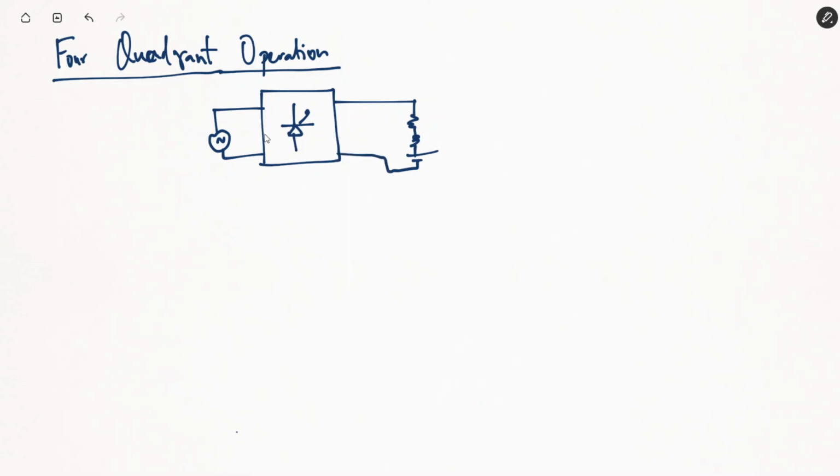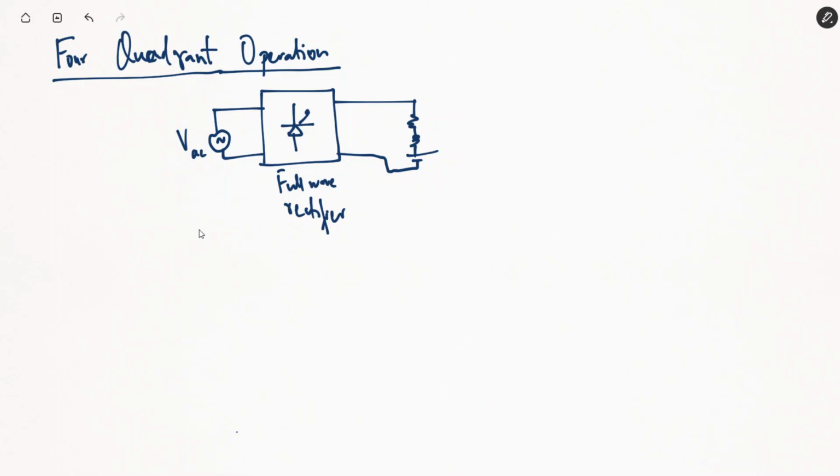So using a rectifier, as I have already discussed, if we take a full wave rectifier, whether it's a three-phase rectifier or a single-phase rectifier, the thing is that a thyristor is a unidirectional device.